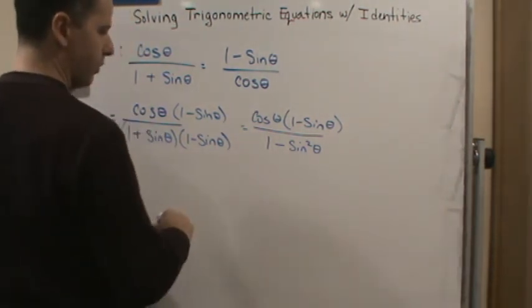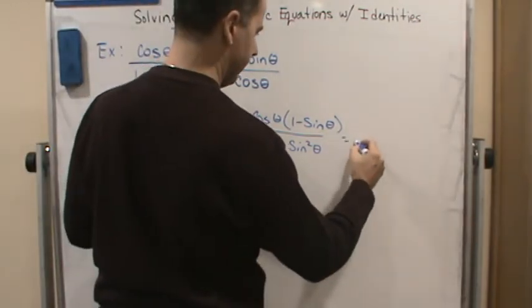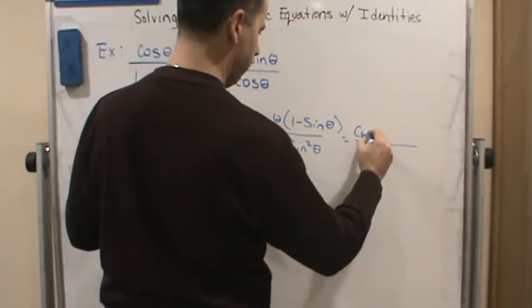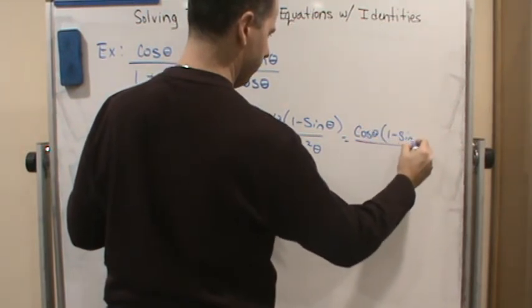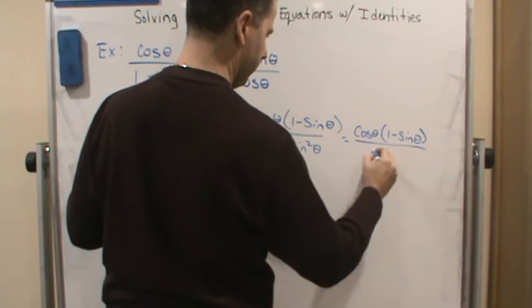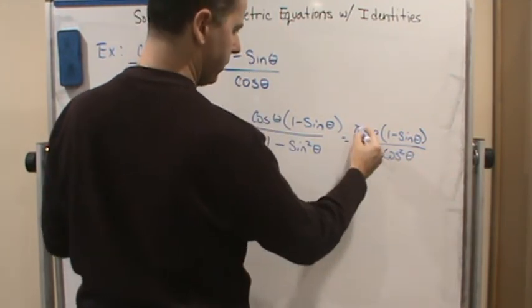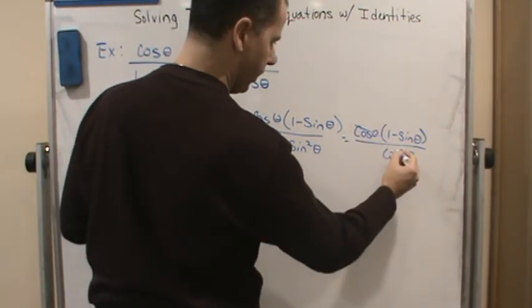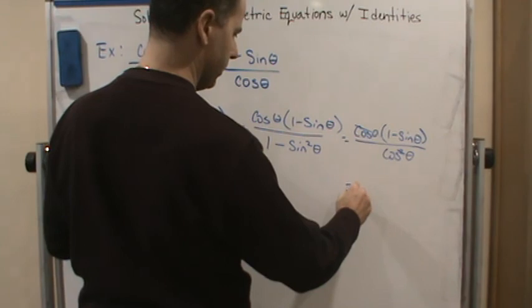That is cosine squared theta. So, let's see. And this cosine theta is going to cancel with one of those cosine thetas, and we get our result.